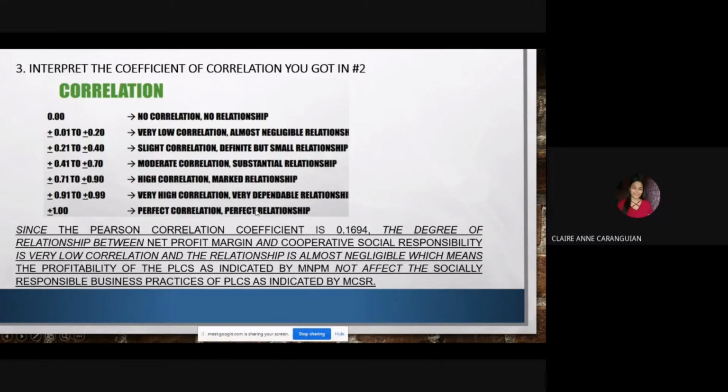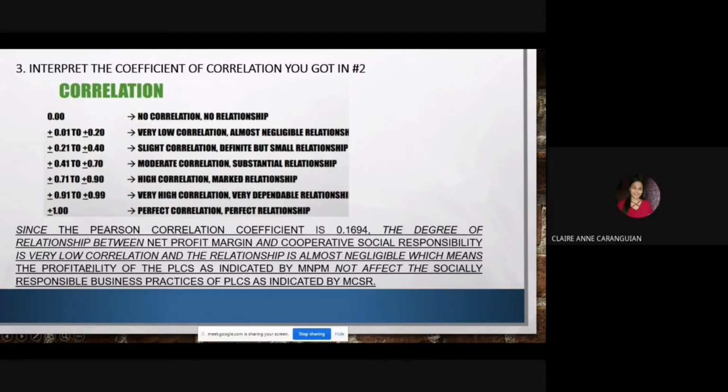So, since yung nakuha natin na Pearson correlation coefficient is 0.1694 or 0.17, nandito siya: very low correlation and almost negligible.